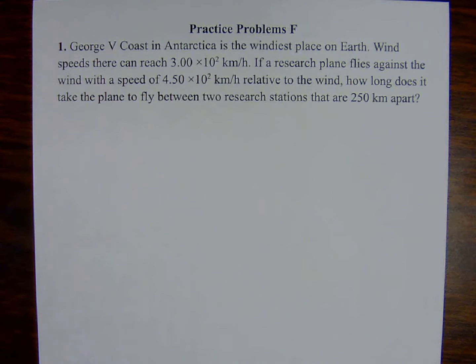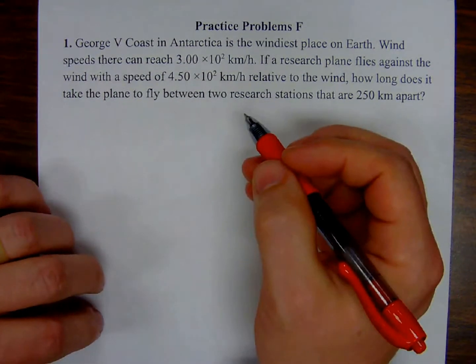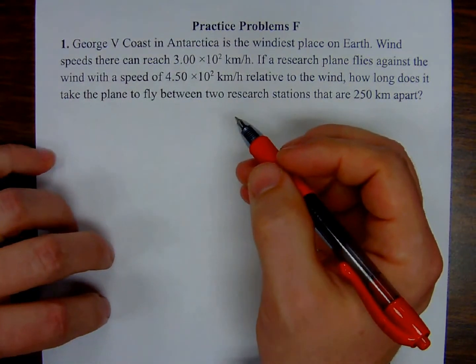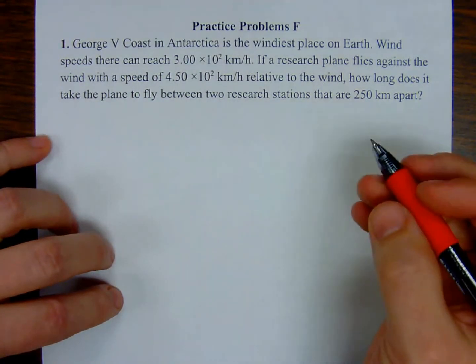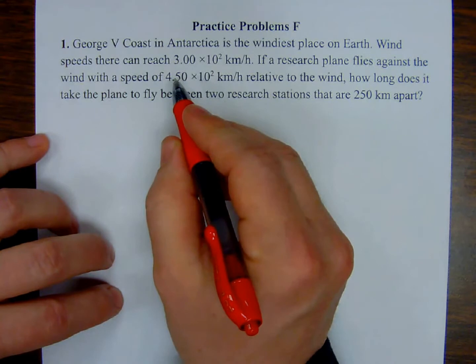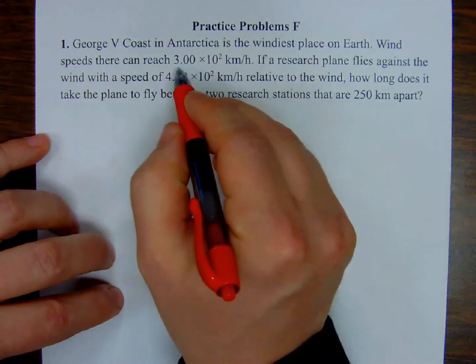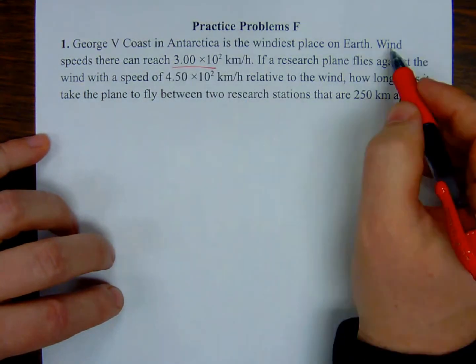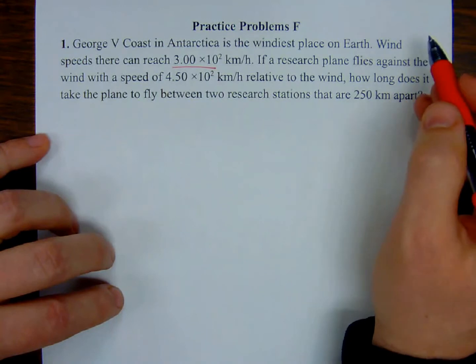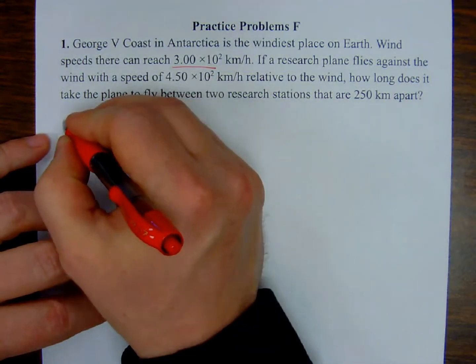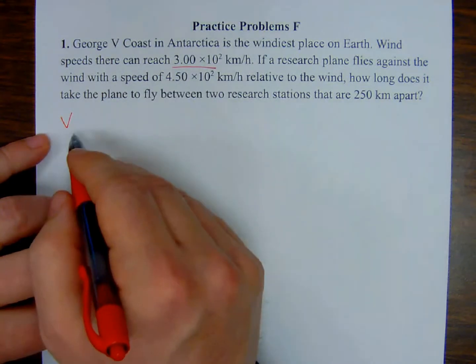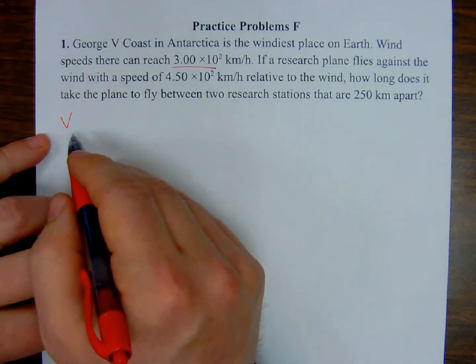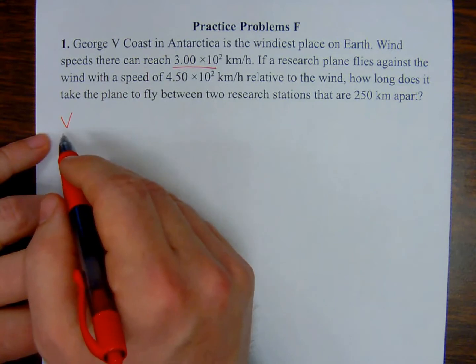So let's start by understanding what type of situation we have. Let's do some labeling here. First off, we have this speed, which is the speed of the wind, or I should say velocity. So we're going to represent that as a velocity. And this is how we're going to do these relative motion problems: use some subscripts to describe what type of velocity we're talking about.